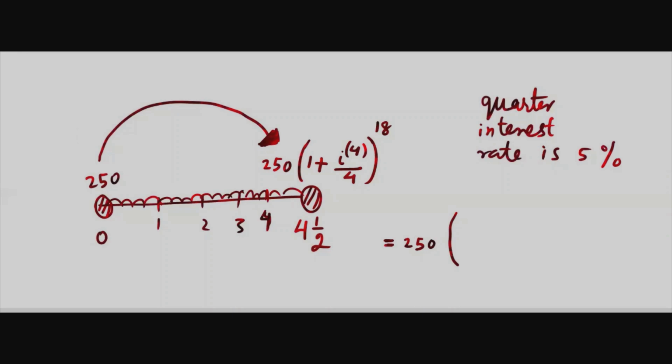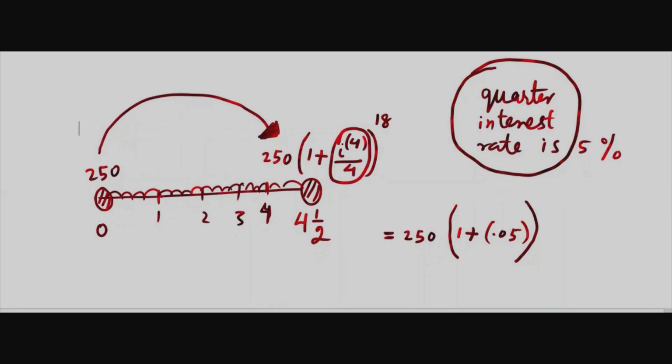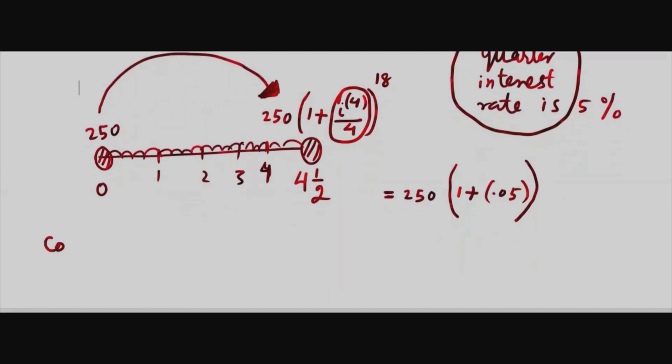I think i4 by 4 should be 5% because it's not given convertible. Yes, convertible is not given. This is the whole i4 by 4, the quarter interest rate formula. So I'll write here 0.05. Quarter interest rate is different from convertible quarterly. Remember, convertible quarterly.